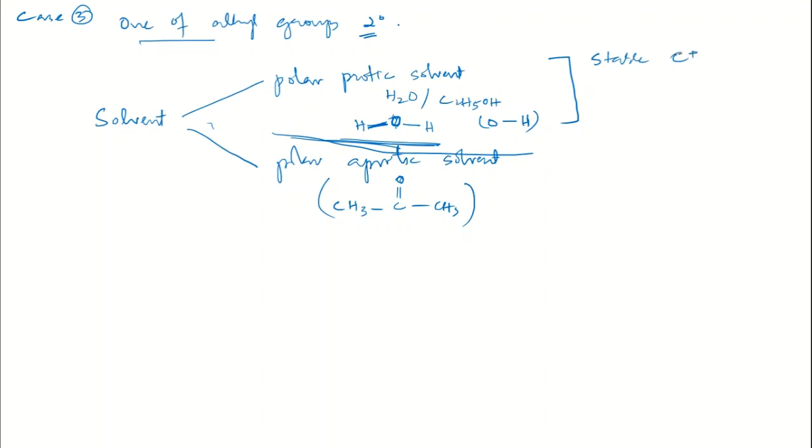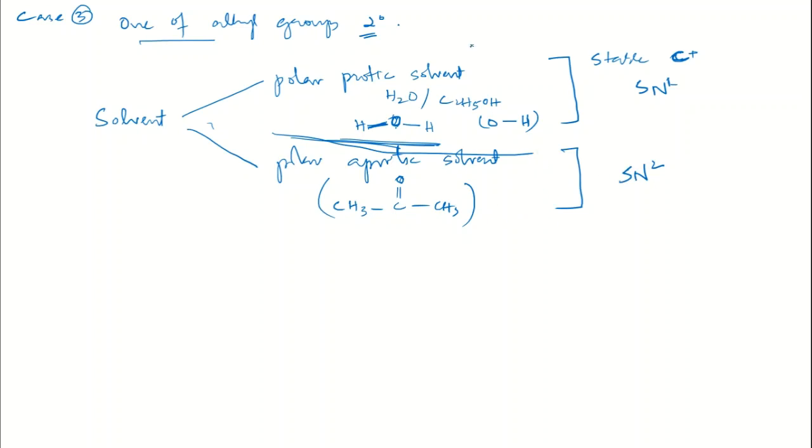If there is a possibility of formation of a stable carbocation, then the mechanism followed will be the Sn1 mechanism. And if we have polar aprotic solvents, in this case the reaction will follow the Sn2 mechanism. This general rule we have to keep in mind.